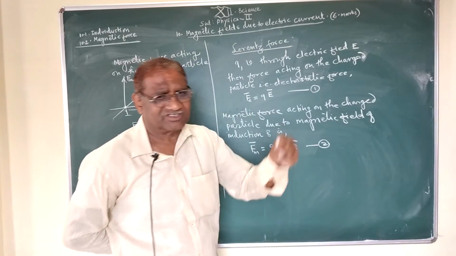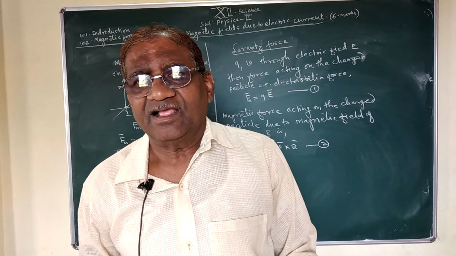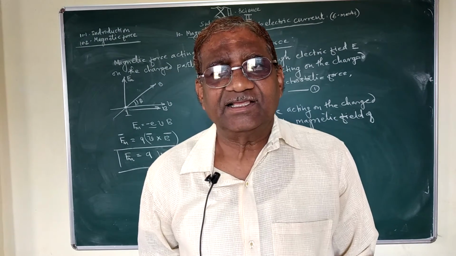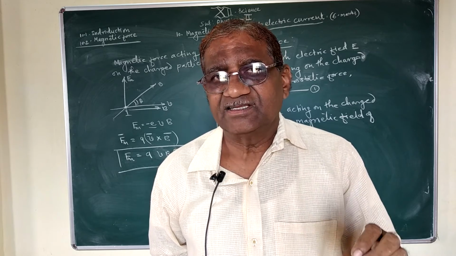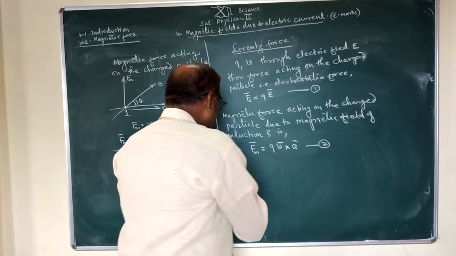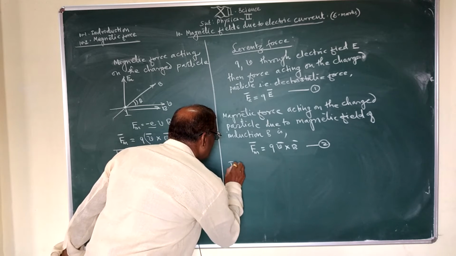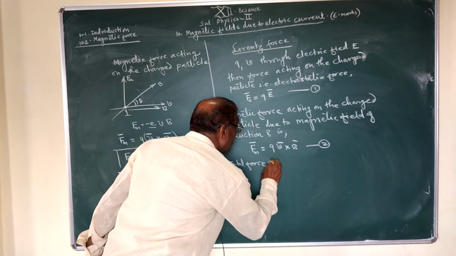But the net force, the total force acting on the charged particle under the action of electric field and magnetic field, is the sum of the magnetic force and the electrostatic force. We call this net force F, the total force, or Lorentz force.